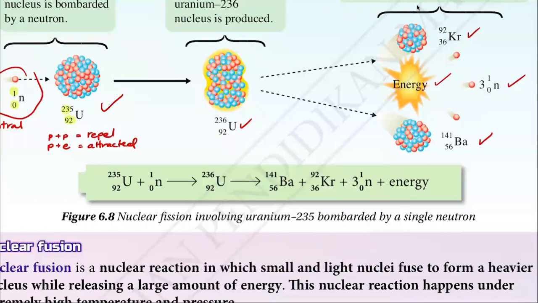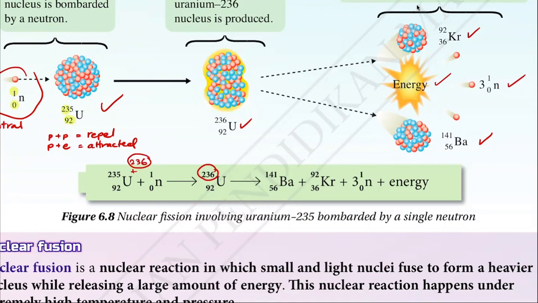On the left hand side, the total here is 235 plus 1, so the total will be 236. Okay, so it is the same as after the arrow.